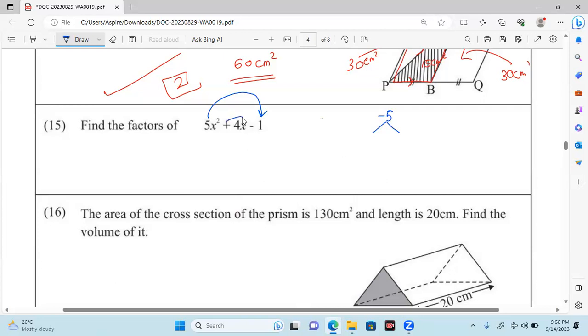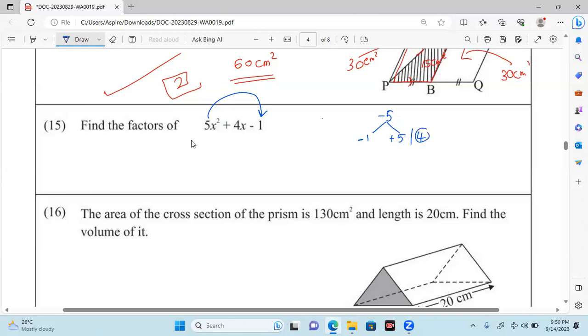And look at here, the sum should be 4. Then the factors of 5 are 1 and 5. As we have to obtain minus 5, one should be minus here. Which one will be minus? Look at the sum, it is positive, no? The middle term is positive. That means the small value should be minus and the large value should be plus. Therefore, when you take the sum, it is 4.